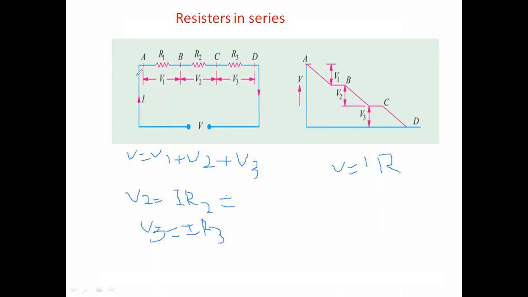The voltage drop is nothing but V equals I into R from Ohm's law, where I is the total current and R3 is the resistance. Like this, we have to find the voltage drops V2, V3, and similarly V1. V1 is I into R1.